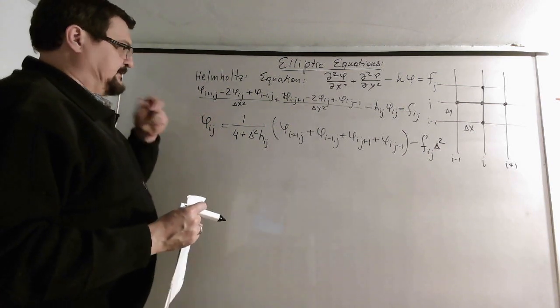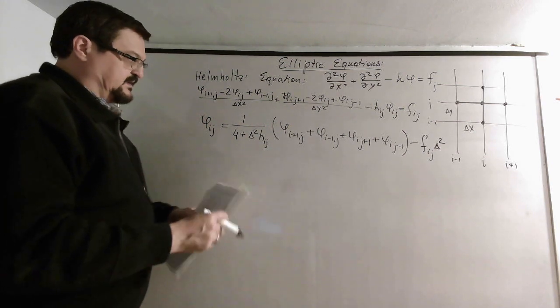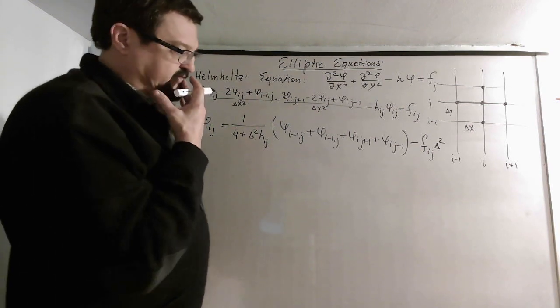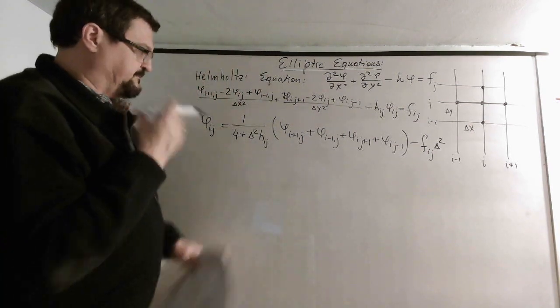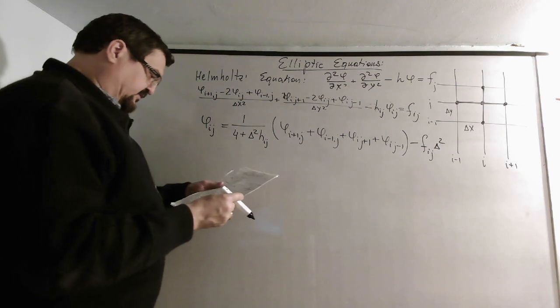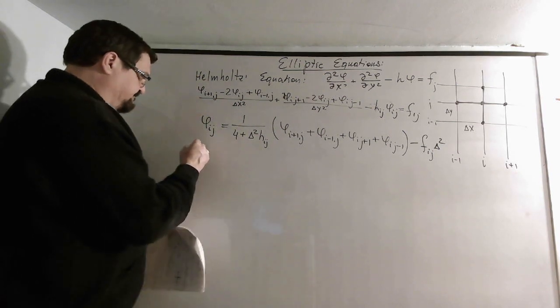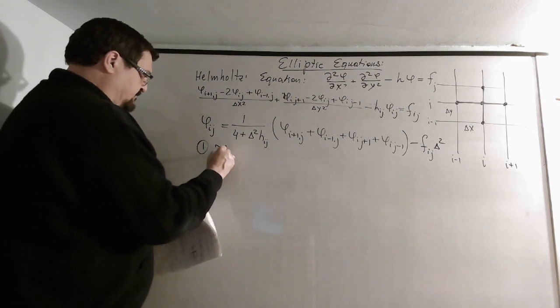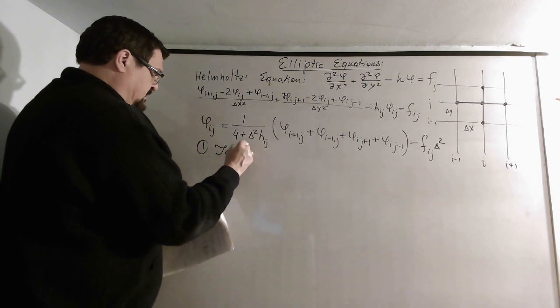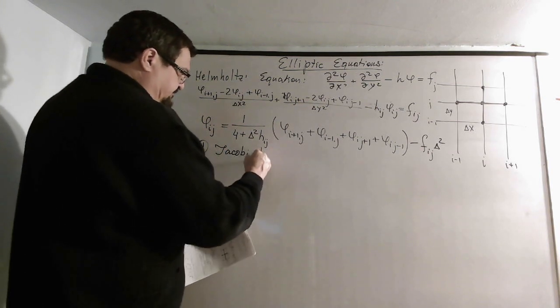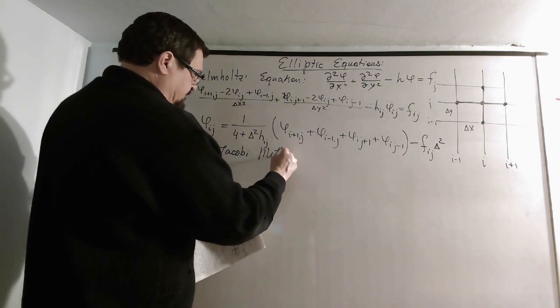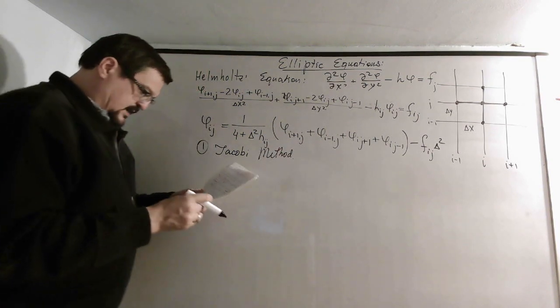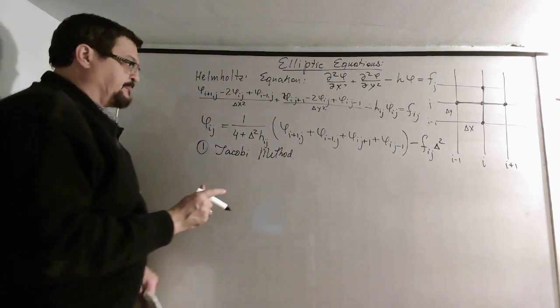So now let's apply some iterative procedure to this equation. The first method is the so-called Jacobi method, which is very simple.